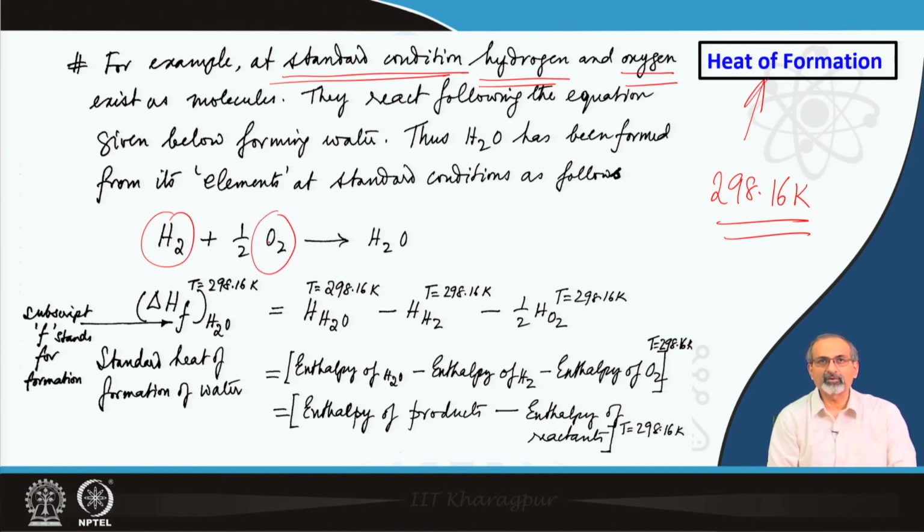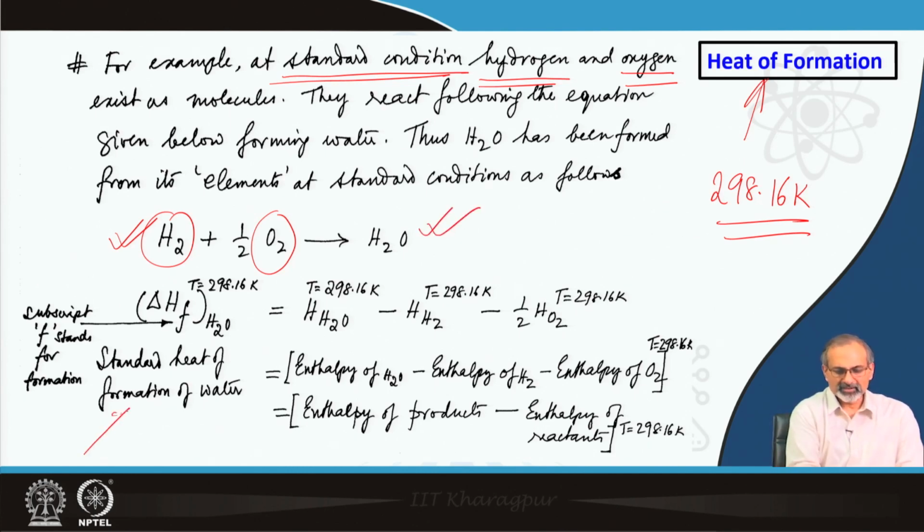the stable forms of those elements under such conditions, and they react with the respective stoichiometric mole numbers that are indicated here to form water. And if you were to express it in terms of standard heat of formation of water, then this is the expression that you would need to follow.